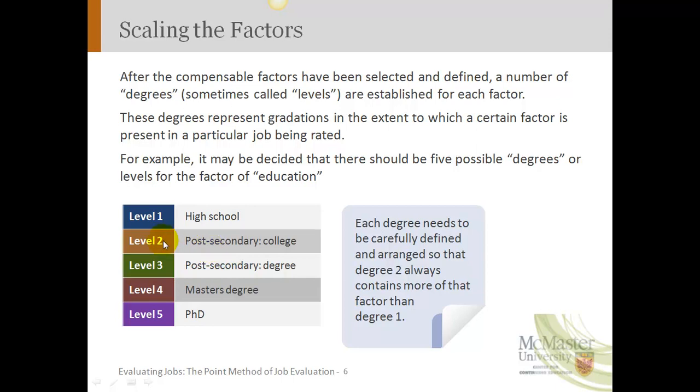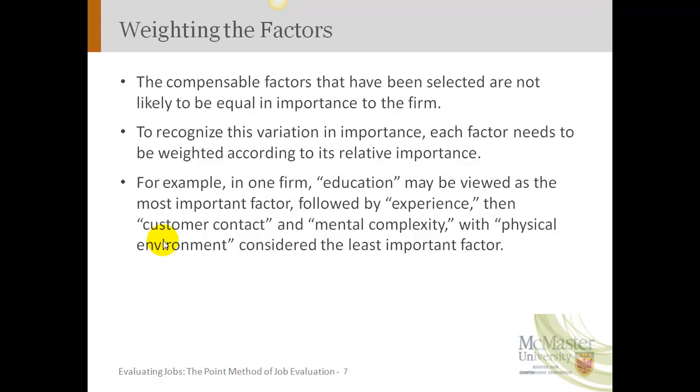So that's how we would weight it according to the number of points we would give each of these levels. So again, what we're trying to do is recognize that as you need a higher level of, say, education, you're going to score more points. So that tells us that maybe having a university degree is more important than maybe having a high school diploma.